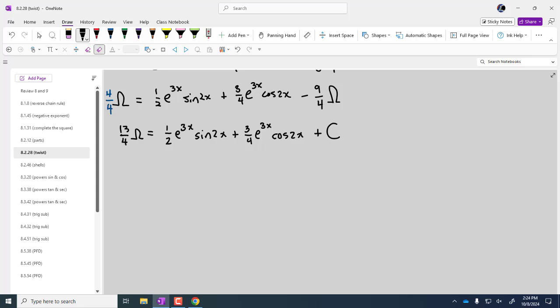Final step, multiply both sides by 4/13. Austin, question? Will you mark us down if we forget to put the plus c in that step but add it in the answer? Probably not.